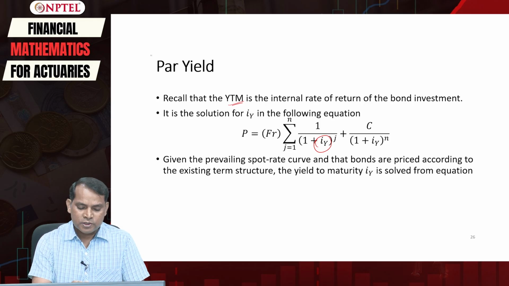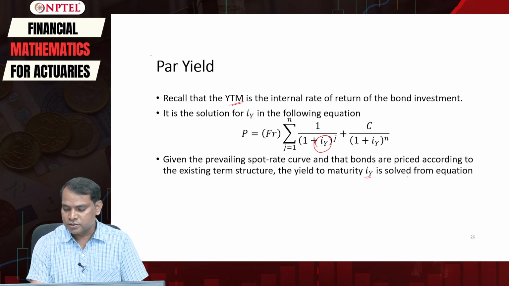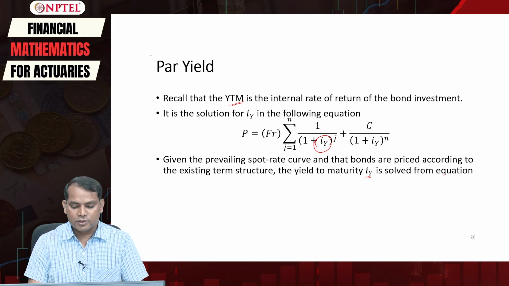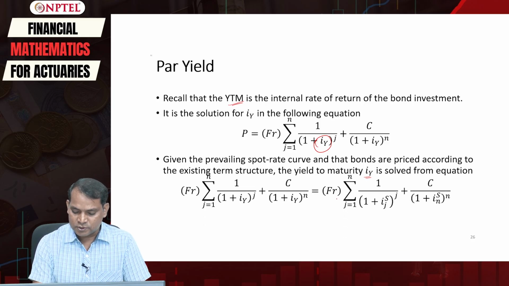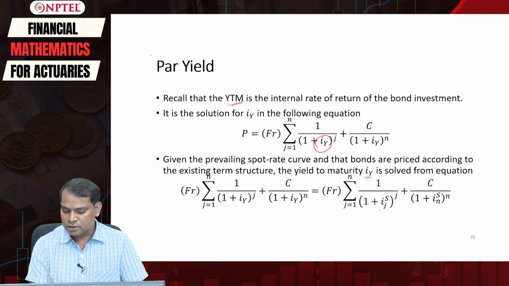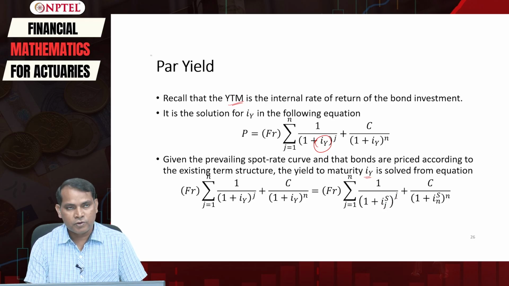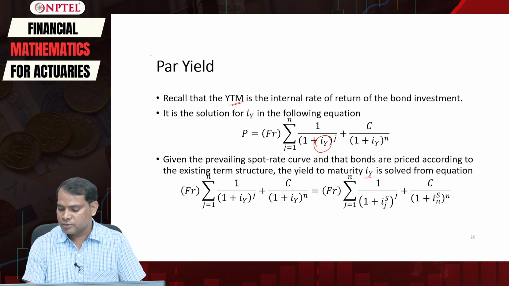Given the prevailing spot rate curve and the bonds are priced according to the existing term structure, the yield to maturity IY is solved from the following equation. P is equal to FR times the sum of 1 upon (1 plus Ij) to the power j, plus C divided by (1 plus In) to the power n.